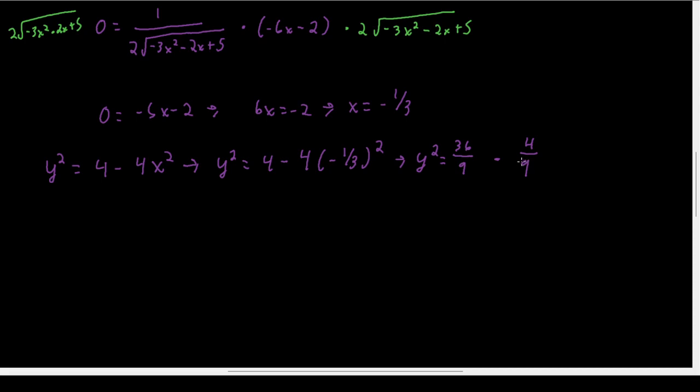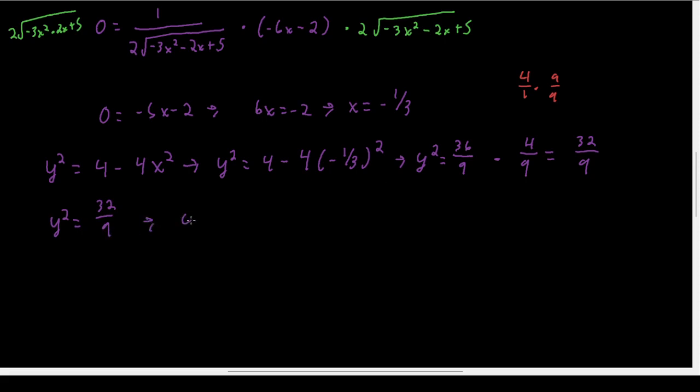And here, I'll even write that out just to make it easier to see what I was trying to do there. And that's going to be equal to 32 over 9. So now we know that y squared is equal to 32 over 9.